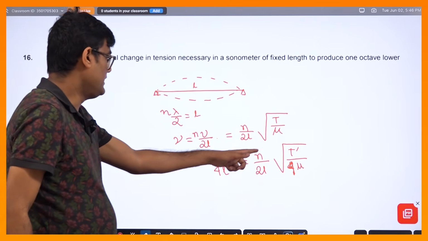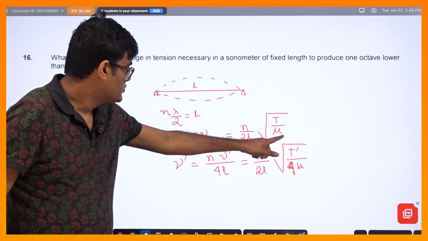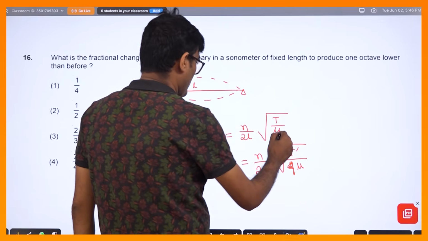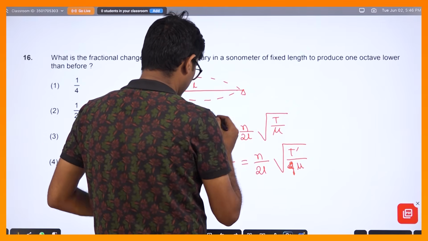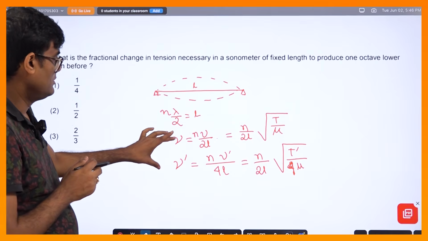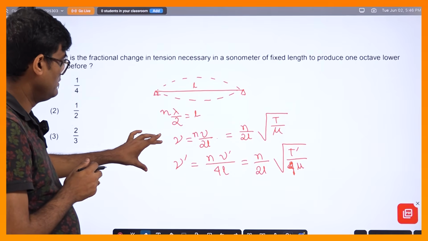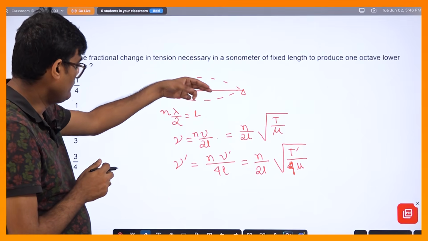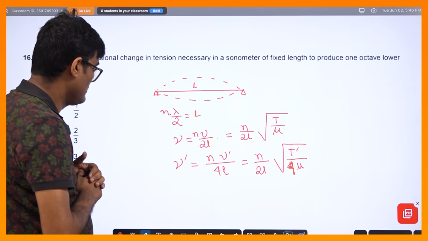So you can see that the new tension should be, if they are equal, 1/4 of the previous one, right?